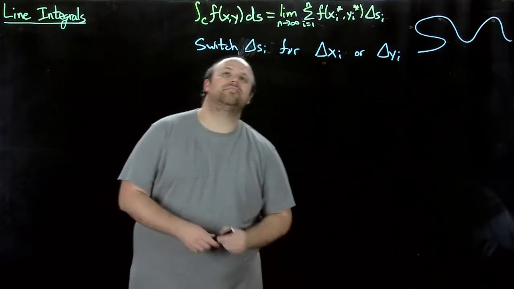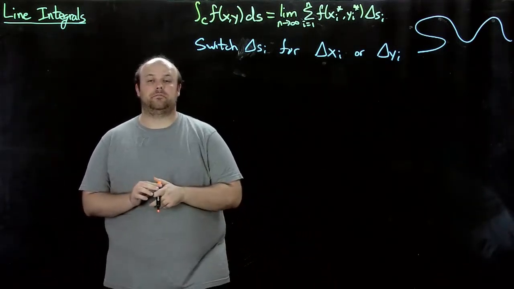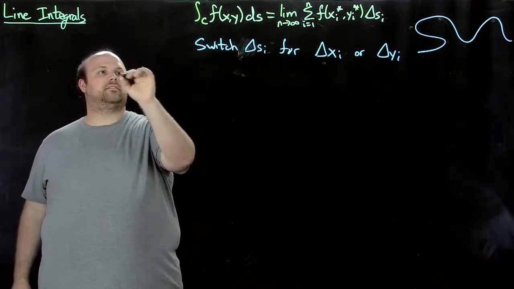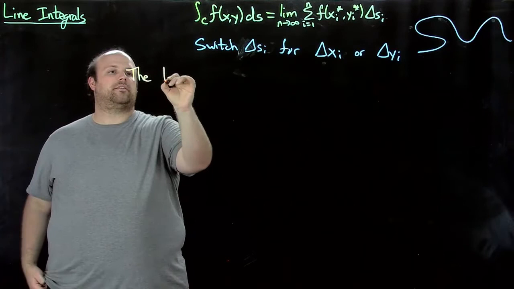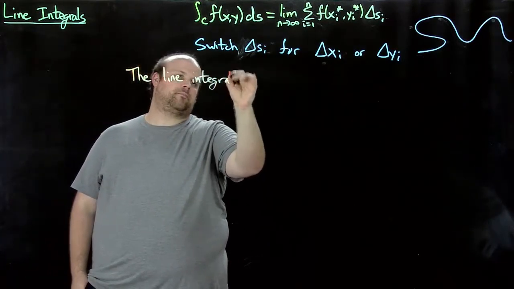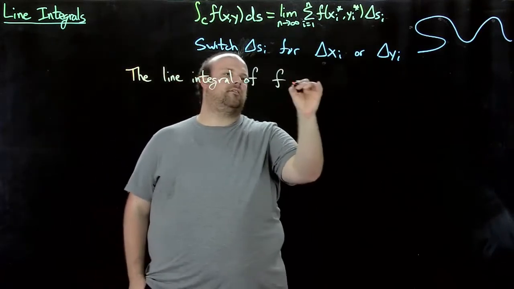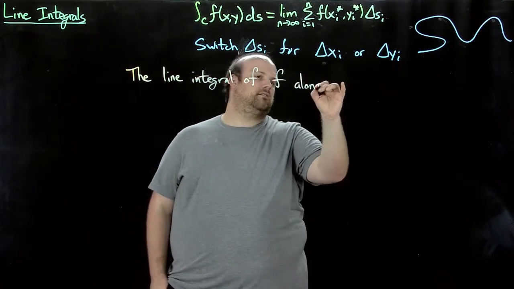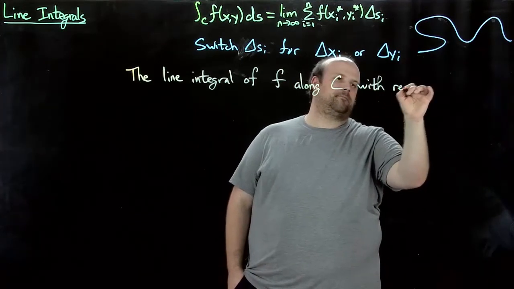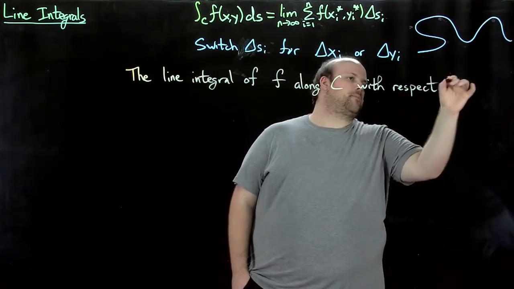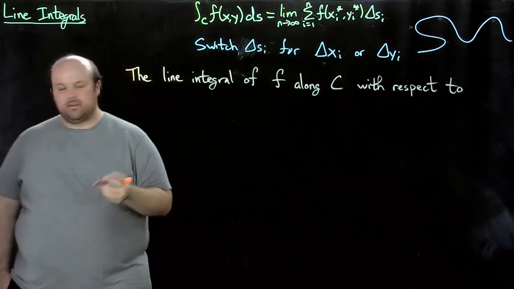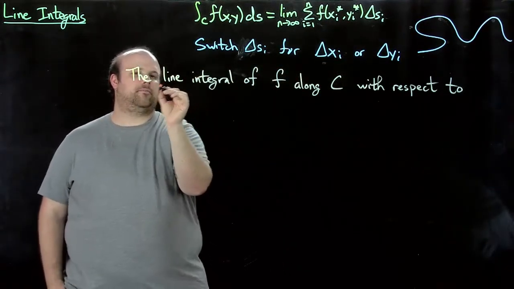Well, then we get two new kinds of line integrals. So this is going to be the line integral of f along c with respect to, well, now we get to do two different ones here.